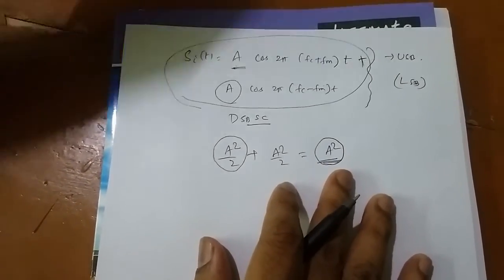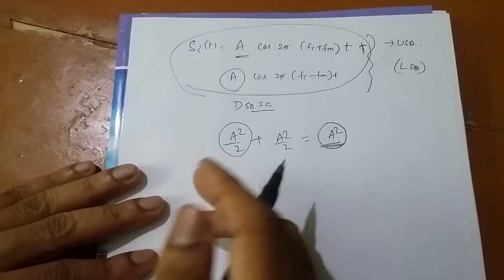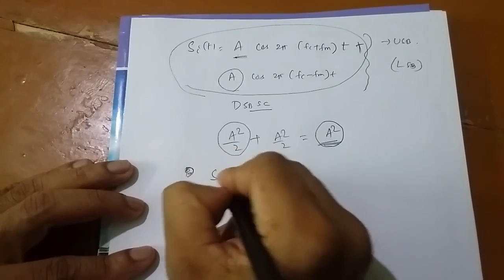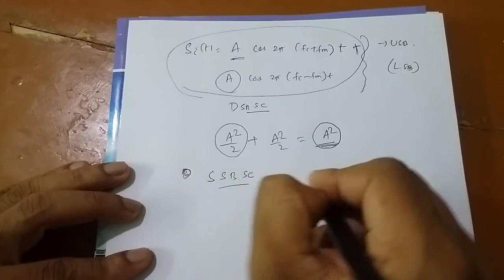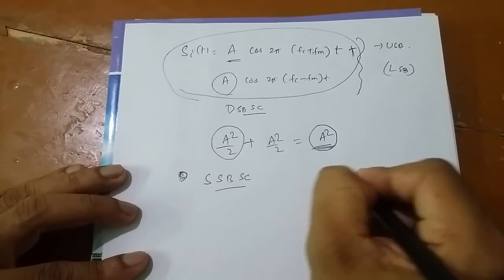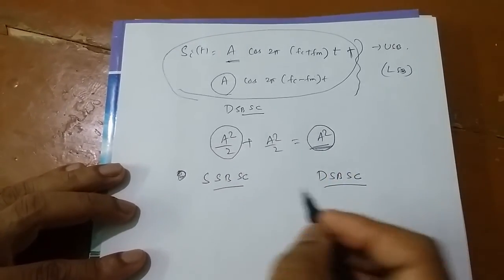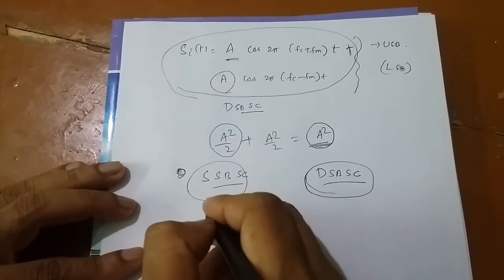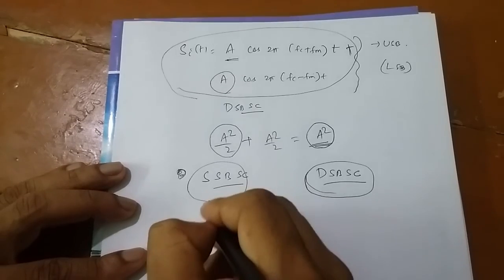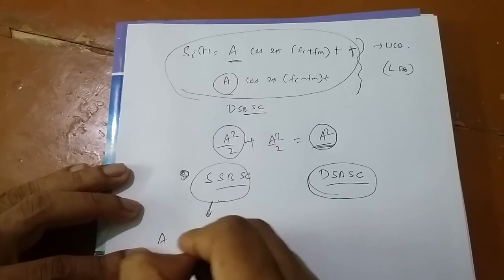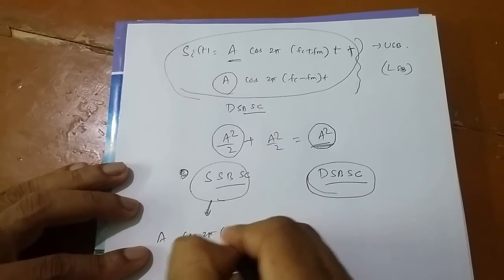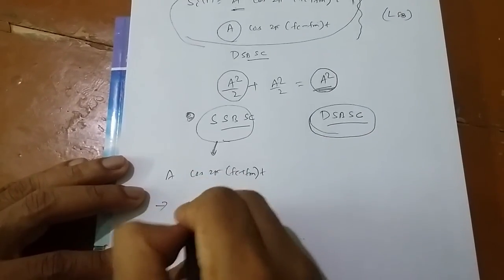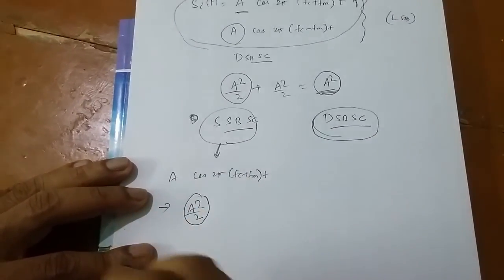But we want to make a comparison between single sideband suppressed carrier and double sideband suppressed carrier. What is the effect of noise for both the schemes? For the single sideband suppressed carrier, we have taken A cos 2 pi (fc plus fm)t, so its power is A square by 2.